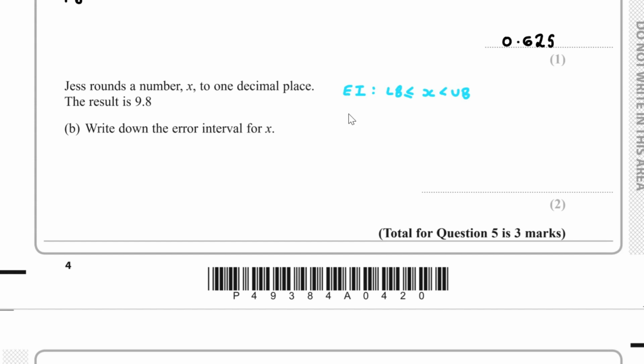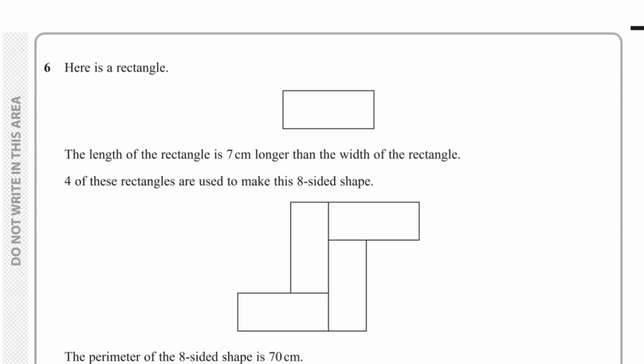If we find out what the lower bound is, the lower bound is equal to 9.75, whilst the upper bound is equal to 9.85. And therefore for the error interval, we've got 9.75, which is less than or equal to x, which is less than 9.85.